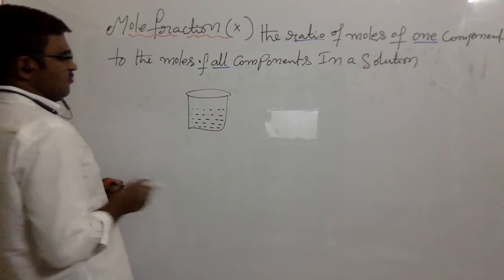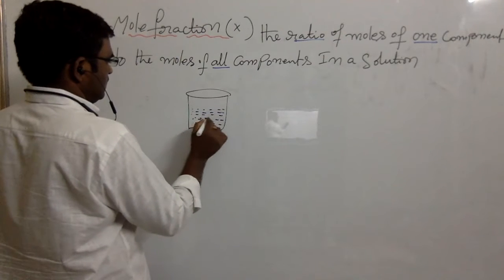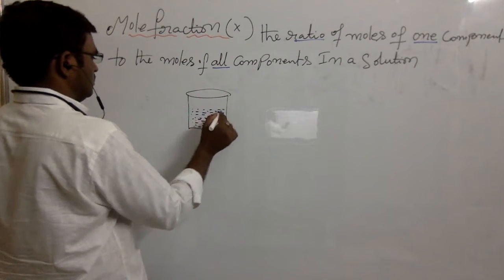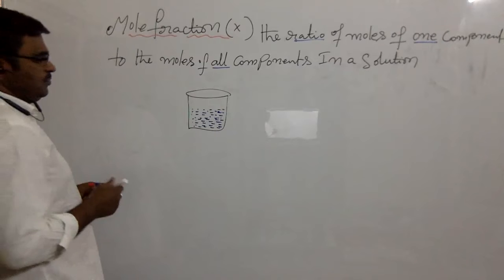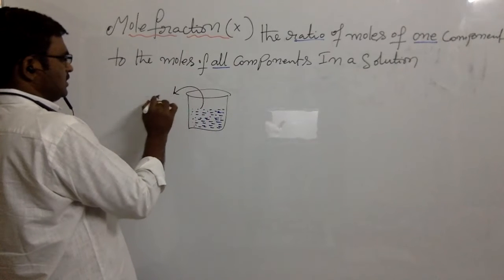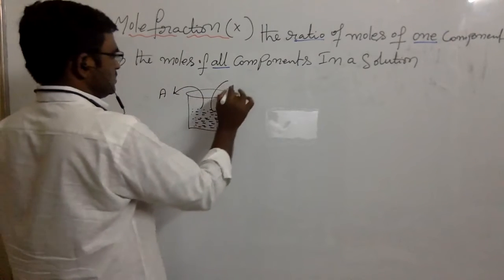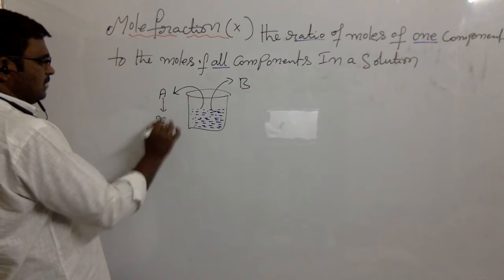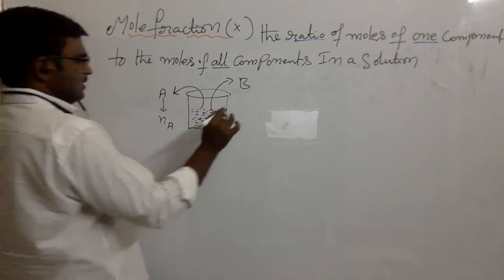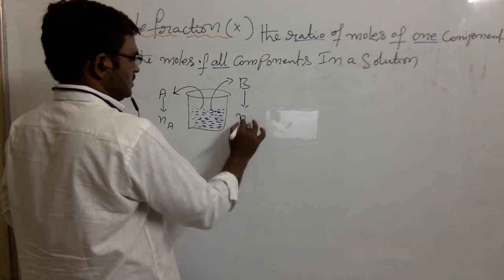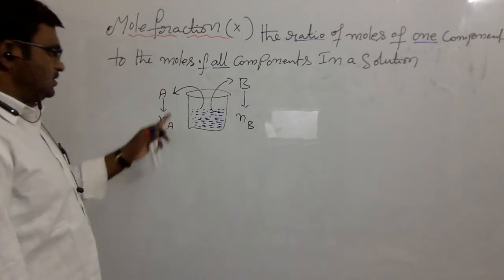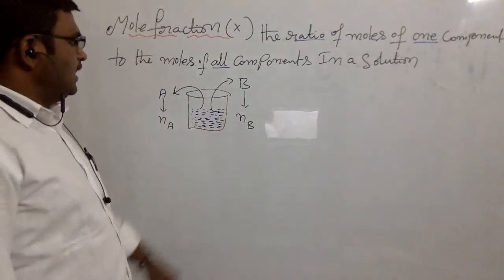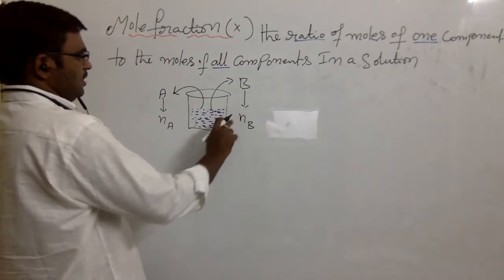The components are, let one be A and another one be component B. Suppose the moles of A component is Na, and the moles of B component is Nb. Here two components, A and B. Na is the moles of A component and Nb is the moles of B component.